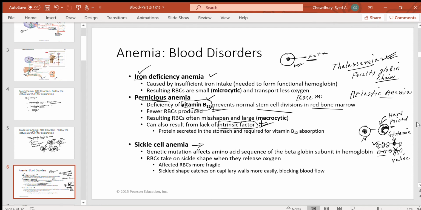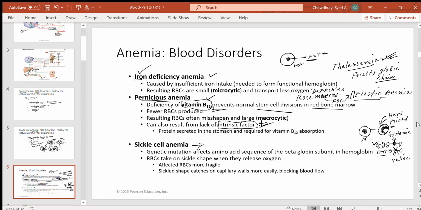So if the bone marrow is depressed, then it will not be able to produce enough red blood cells, and that type of anemia, decreased number of red blood cells, is called aplastic anemia, due to bone marrow depression or loss of bone marrow function.